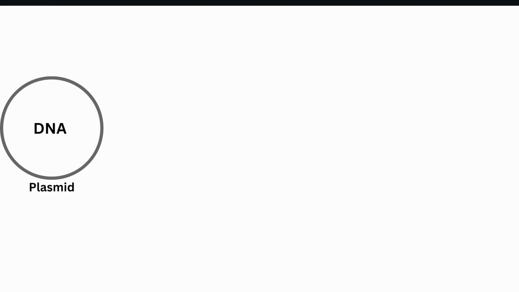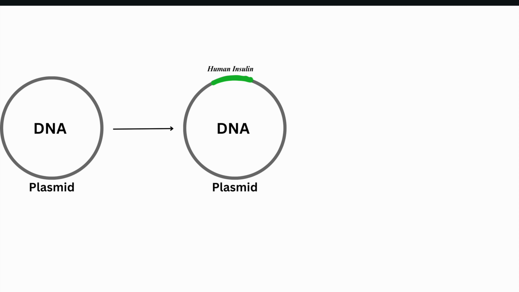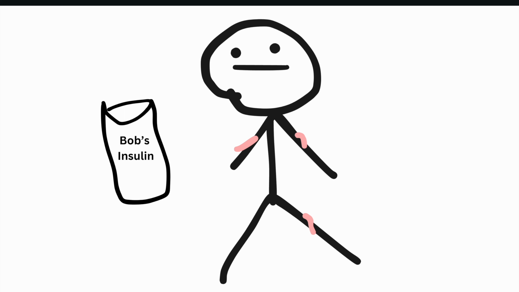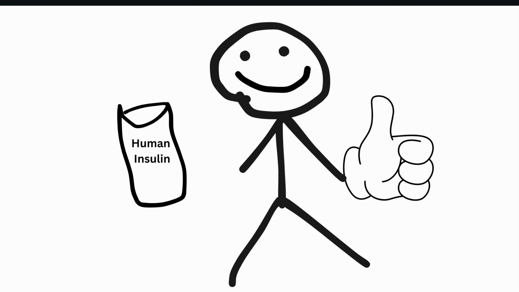We can take a plasmid, put a human insulin gene into our plasmid, and then insert it into a bacteria to get human insulin protein. Which means that our friend Leon over here, which was having a tough time with Bob's pig insulin, can use our human insulin without having an allergic reaction.